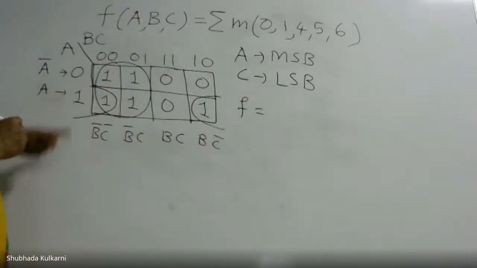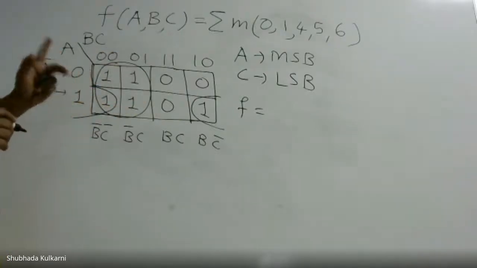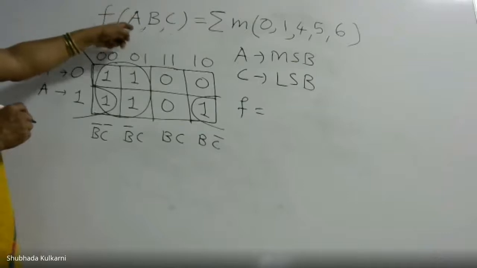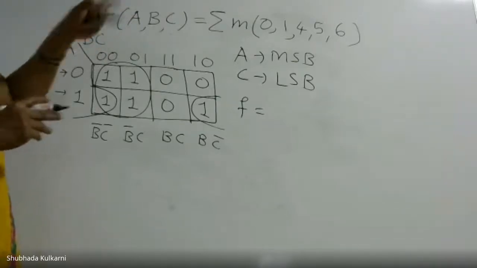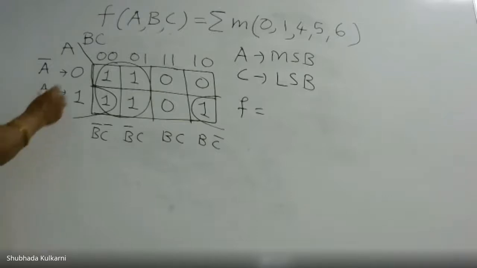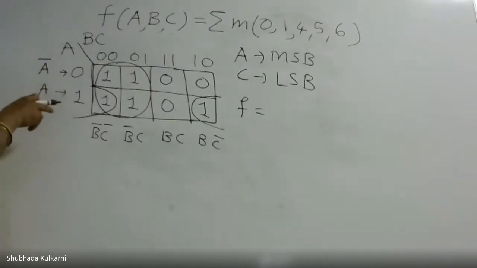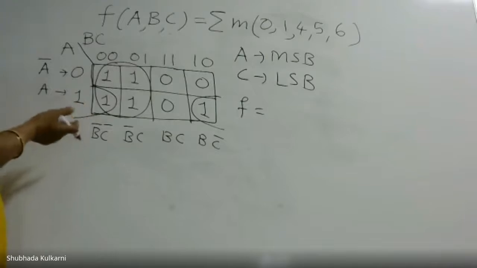Now we'll write the Boolean function for this. F is equal to. For the quad, just focus. The quad eliminates 2 variables. How many variables in our function? 3. Out of 3, 2 will go. Why? It's simplification. Now on the row side, if you check, A is changing for this group from 0 to 1. So A is gone. Why is A gone? Because A bar times A will become 0. Actually, that is the explanation.